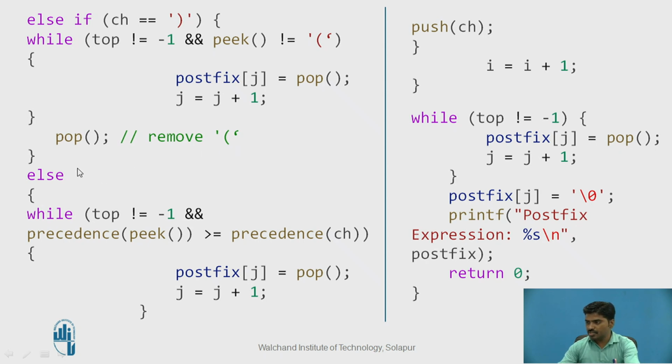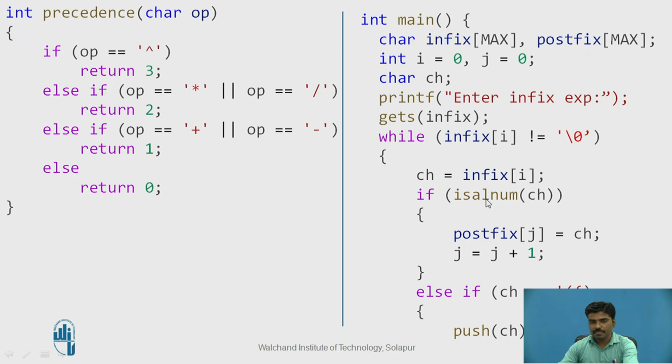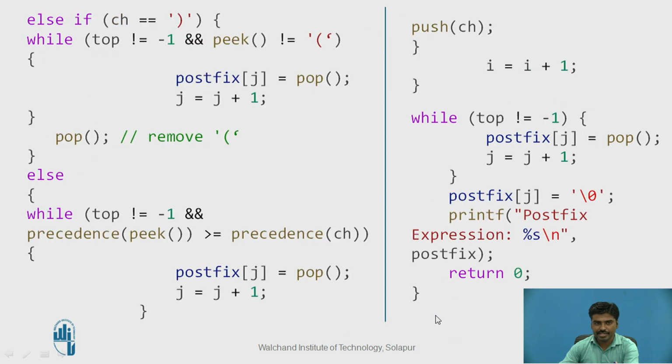If your expression contains an alphabet or number, it will go to the if block. If your expression contains an opening bracket, it will go to the else if second condition. If your expression contains a closing bracket, it will pop all the elements and remove the last opening bracket. Otherwise, in the else, you have to check the precedence of the stack.